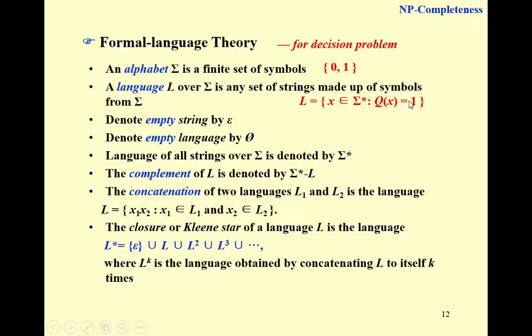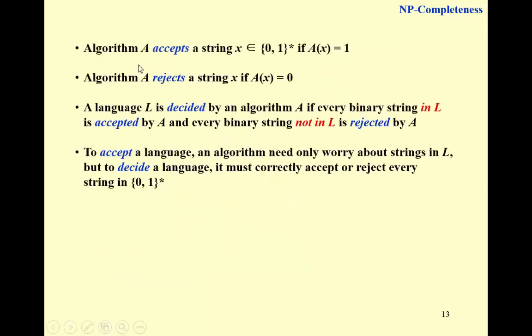For example, the decision version of the shortest path problem, the corresponding language is the collection of those specific graph G, vertices u and v and the integer k, so that the answer to the question is yes. All right? And what's important is the following. So the point of using this formal language framework is to express the relation between decision problems and algorithms that solve them in a way that is simple and clear.